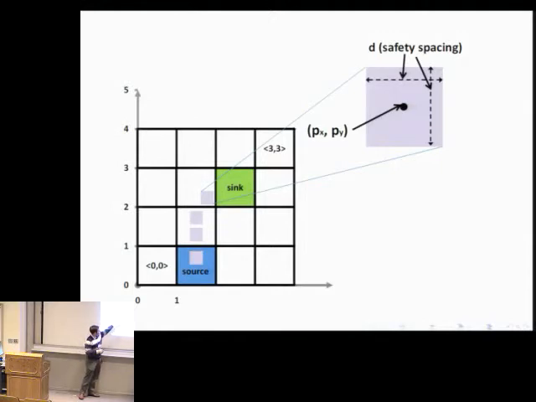There's some safety spacing d around, so d by 2 from the point. We could represent it in a variety of ways; we decided to pick the center point. The safety property we're going to try to maintain is preventing any points from coming within distance d of one another.